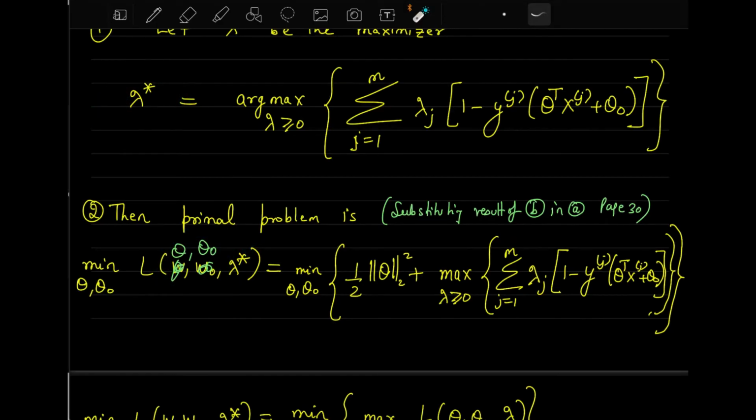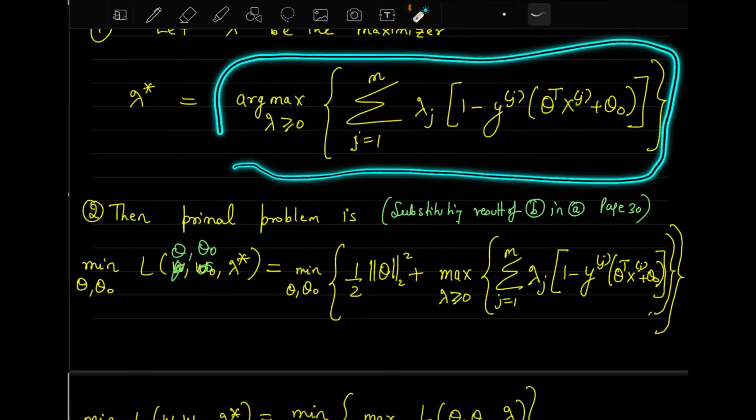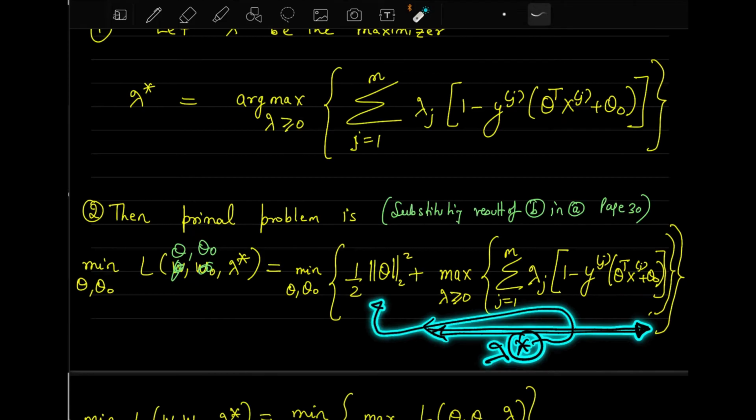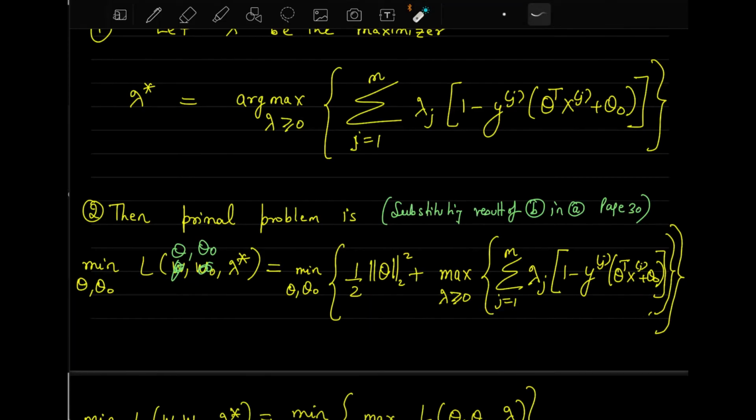If you want to do that, you can do it this way, substituting this particular thing here. If you solve this problem, you will get the value of lambda star, which is used in the calculation of the Lagrangian function given over here.